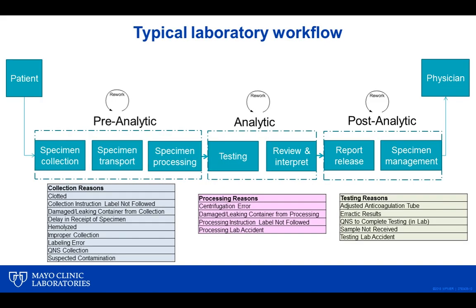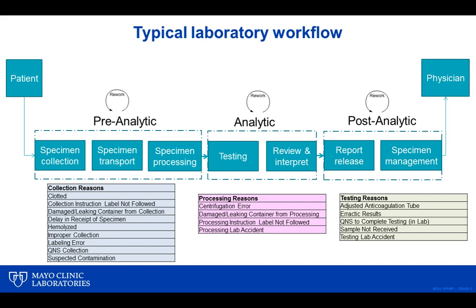Okay. So this slide here is just an example of a generic, typical lab workflow. We can see the physicians will order the test, the patient will come to you if it's an outpatient, or the phlebotomist will go to the patient if it's an inpatient to do the specimen collection. Then that's when the whole process starts. So you have the pre-analytic phase where you collect the specimen, you transport the specimen, and you process the specimen.